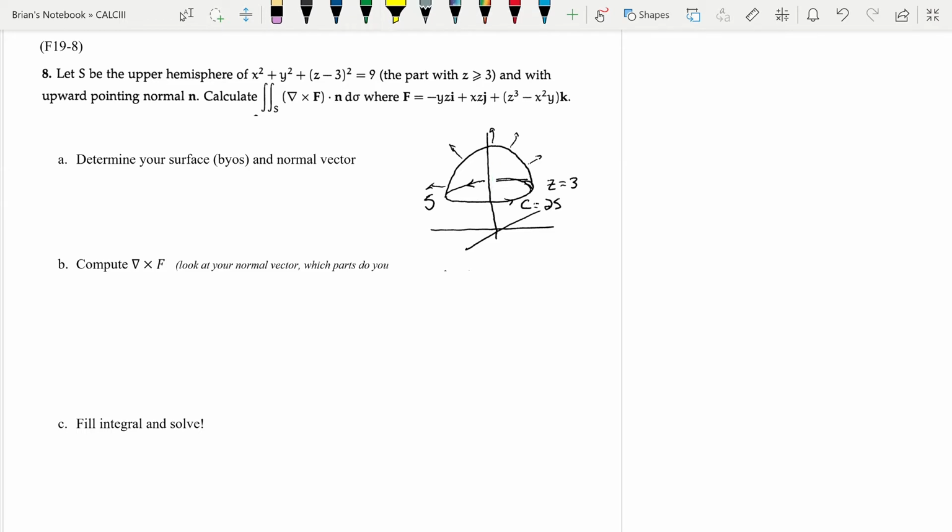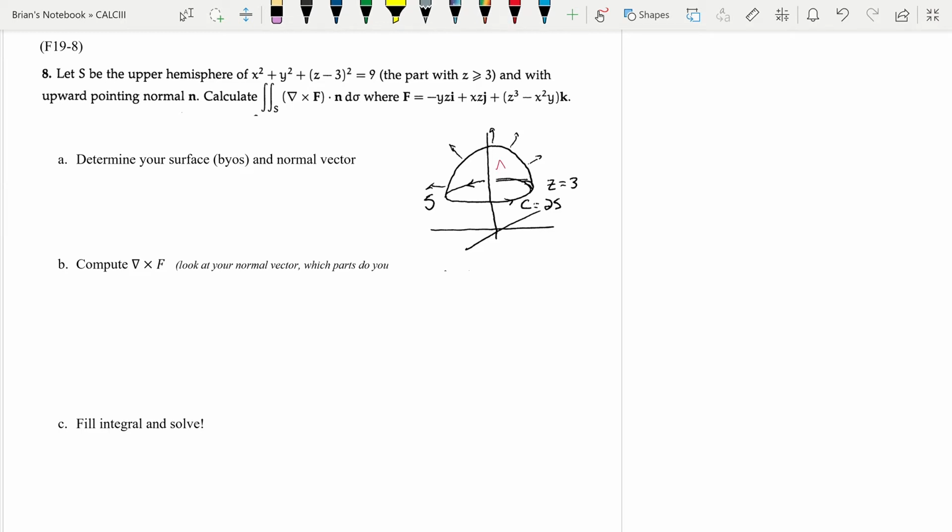Also, they said upward pointing normal, which is easy. And one last thing, which might help you in the last problem we go over in today's session: the right-hand rule actually applies for your normals. I don't know why they never mentioned that in lecture, but see how we're circling in a counterclockwise motion. If you right-hand rule that and curl your hand around that curve, your thumb points straight up, which means your normal is pointing right out of that surface.